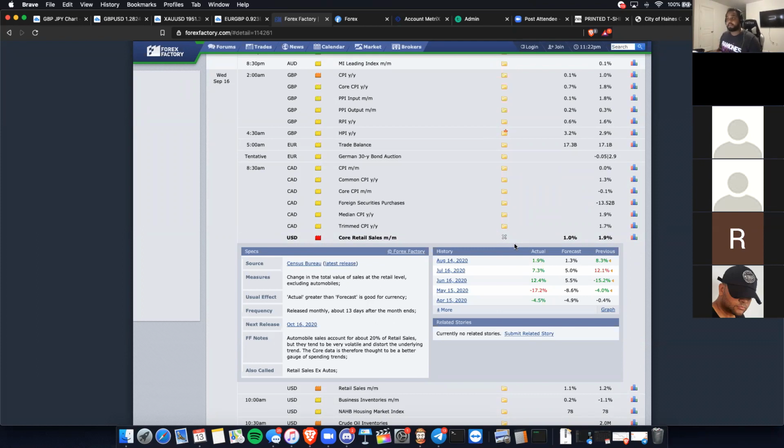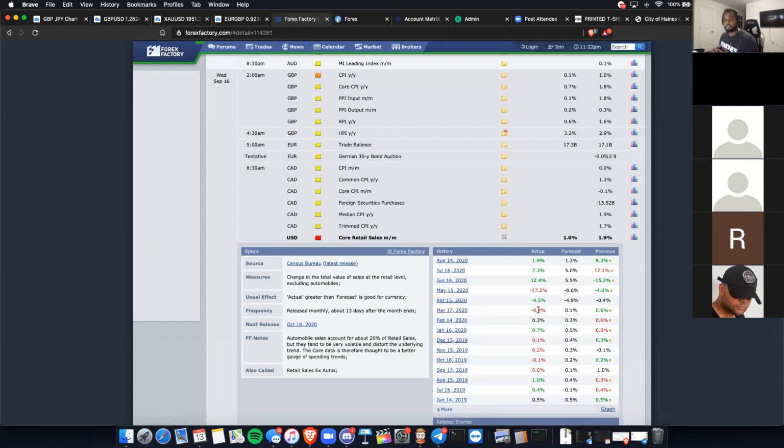The U.S. government has been downplaying their expected result of a news report to create positive momentum for the dollar, right? So pay attention. Since March, when the coronavirus started, look at the core retail sales, right?